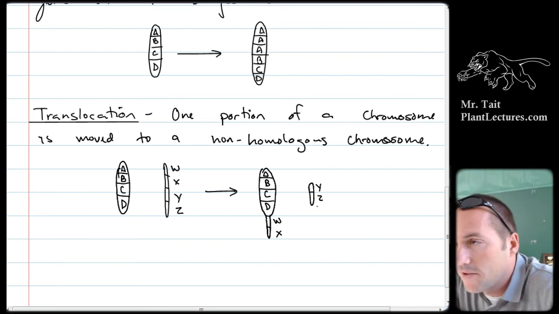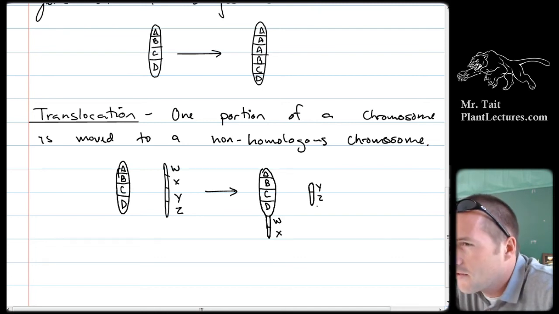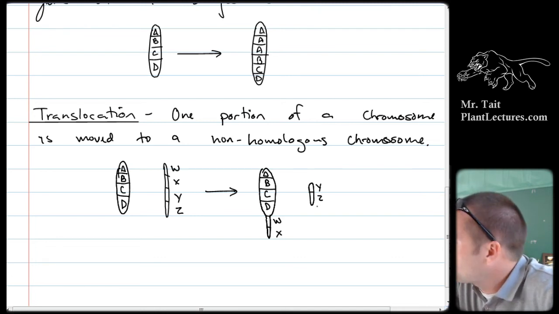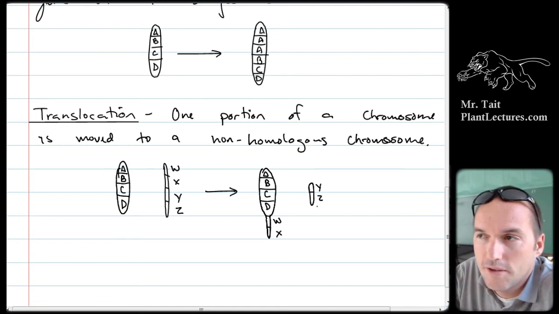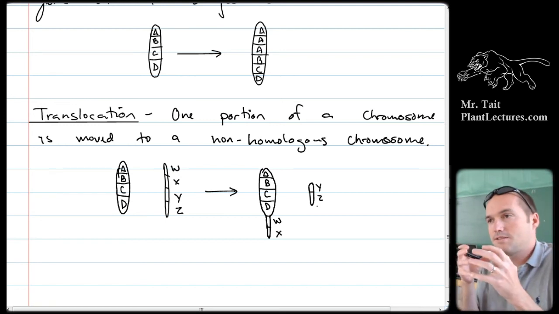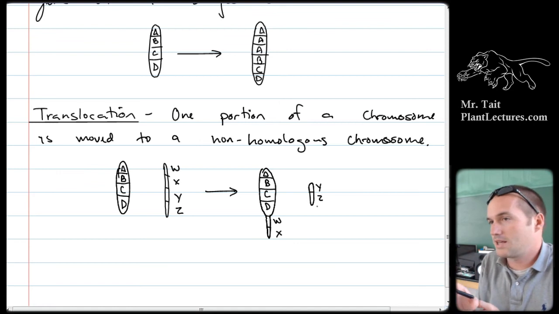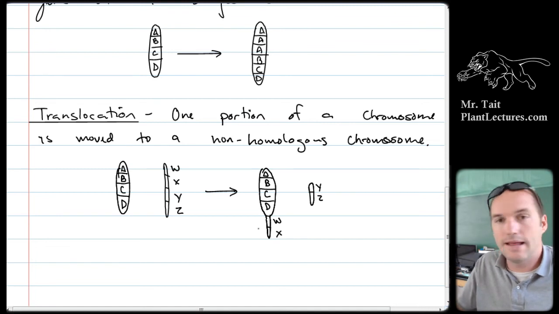So the immediate result of this is the tricky part. The immediate result could be nothing, right? Or what if this is a chromosome that's inactivated in certain cells and active in other parts? That means that if the whole chromosome is going to be condensed into really tight chromatin so it doesn't get expressed, but now it has important genes on it, those cells might lack an enzyme that they need.